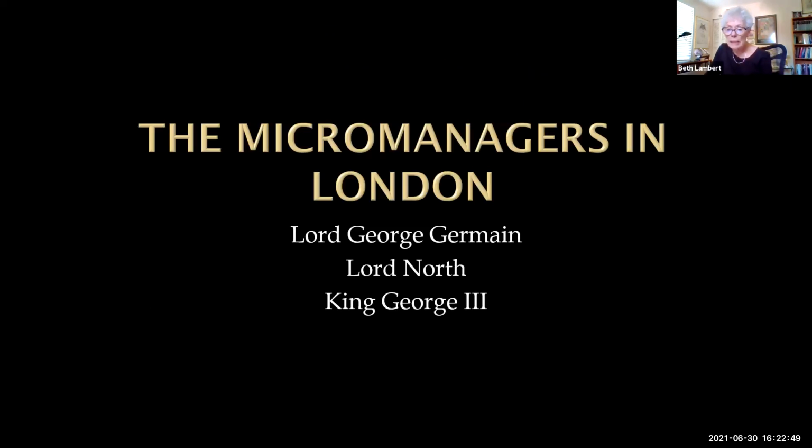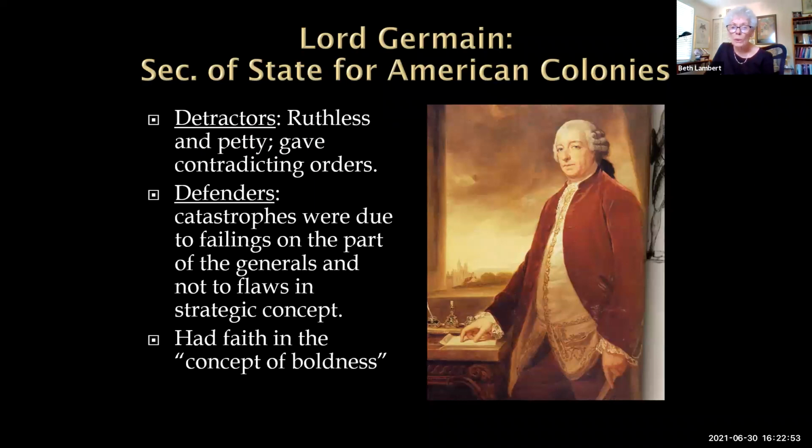Okay, who were the micromanagers? Three. Lord Germain, he was the one who sent battle plans to such as Burgoyne and Cornwallis. And of course, in London, he doesn't know the territory. He didn't know the distances between colonies.